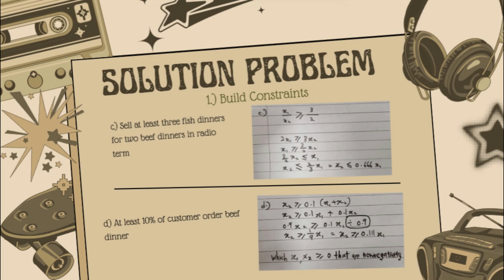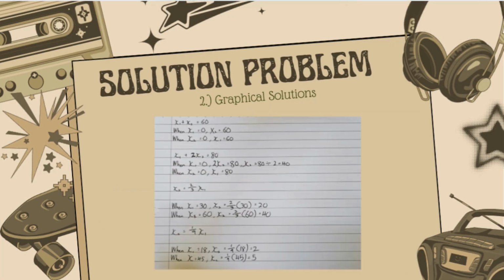If we solve this, we subtract 0.1 x2 from both sides to get 0.9 x2 is greater than or equal to 0.1 x1. Finally, dividing both sides by 0.9 gives us x2 is greater than or equal to 1/9 of x1. The decision variables x1 and x2 must also be at least 0, which is the non-negativity constraint.